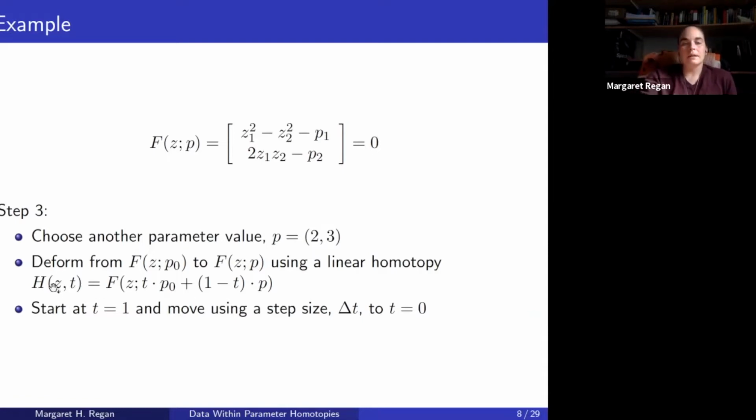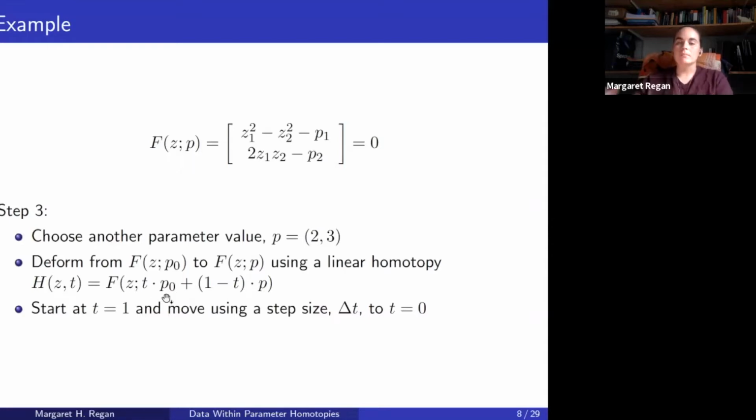And so the homotopy changes because now instead of moving from our natural start system of g of z to f of z at p0, we're now working with the same polynomial system, but we're just changing our parameter values. And so this is a linear homotopy in the parameters, where at t equals 1, the parameters are only defined by p at p0, p naught.